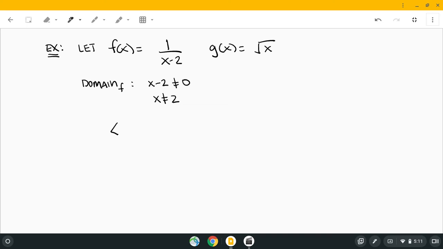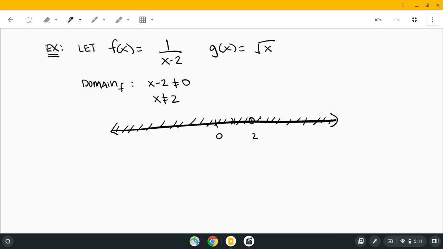If I put that on a number line, x cannot equal 2. Let's pretend that's 0, 1, 2. So here's 2. x cannot be 2, however it can be everything else. So this here that I'm doing represents the domain of f.